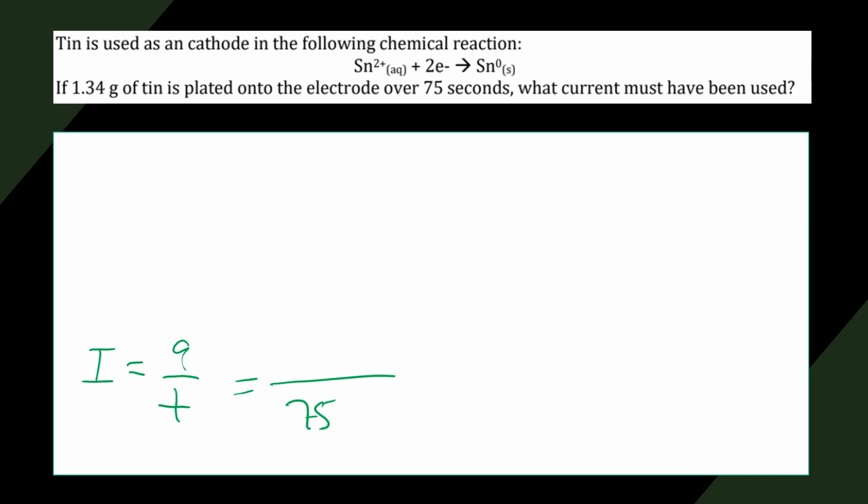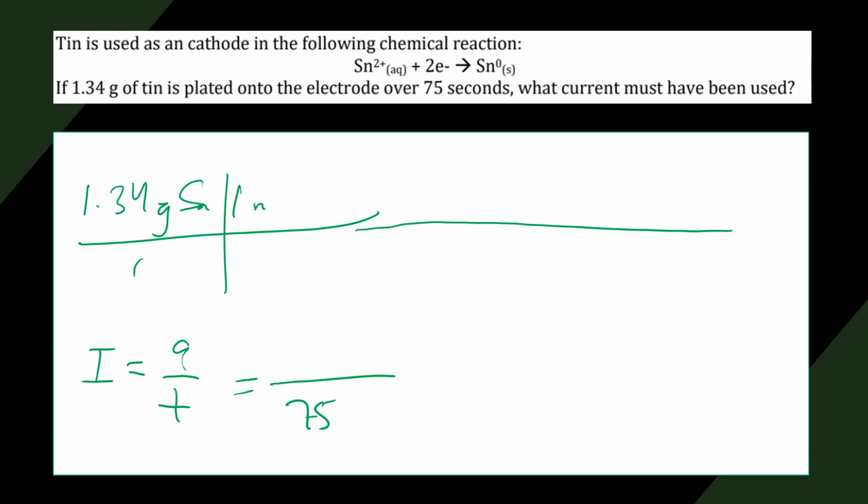So I'm going to convert my grams over to coulombs. 1.34 grams of tin. 1 mole of tin is 118.7 grams of tin. So now I'm in moles of tin. I'm going to use some stoich, a mole to mole ratio.